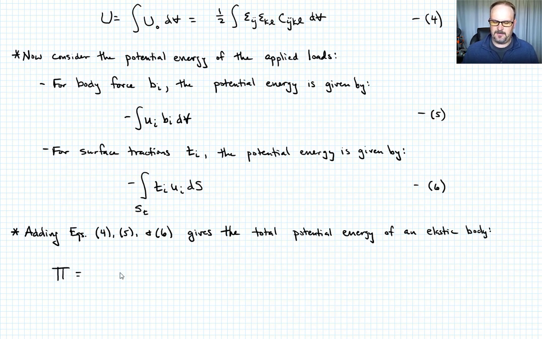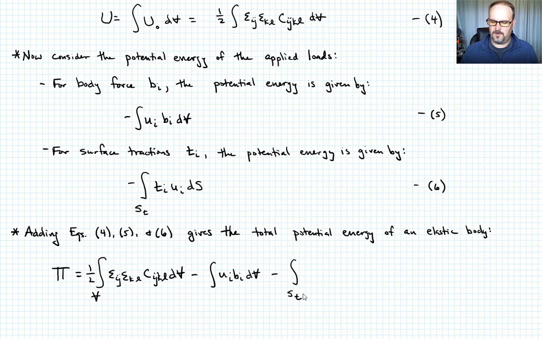So Pi, the total potential energy of the elastic body, is equal to the integral over the volume of 1/2 epsilon ij epsilon kl C ijkl dV, minus the integral of u i b i dV, minus the integral over the surface where the tractions are prescribed of T i u i dS. Let's call that equation 7.